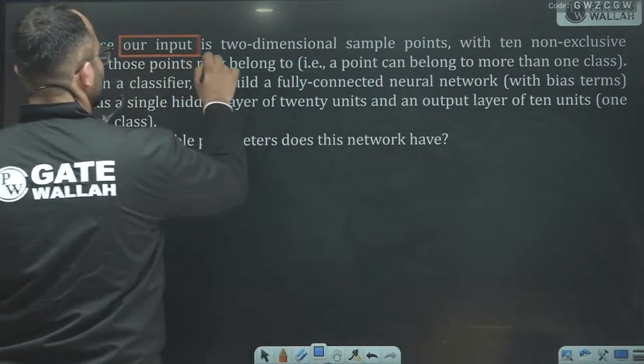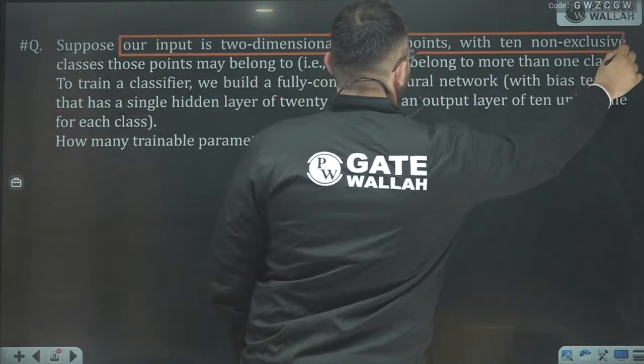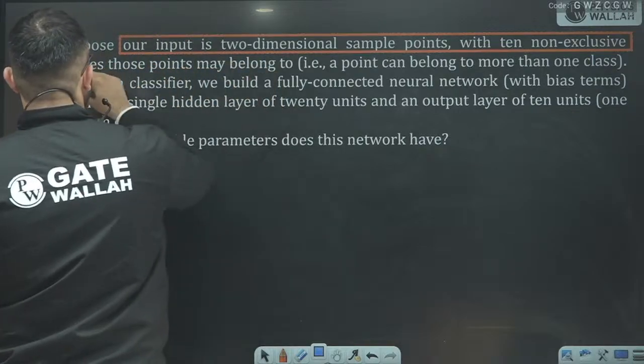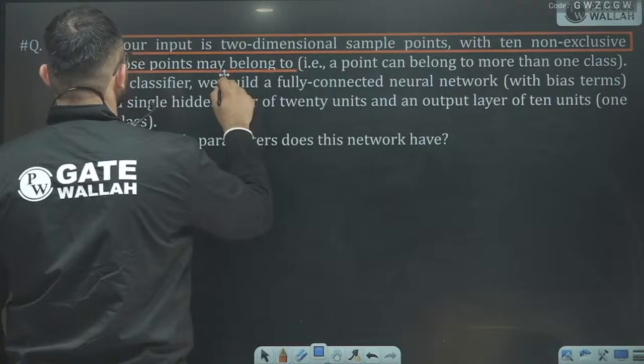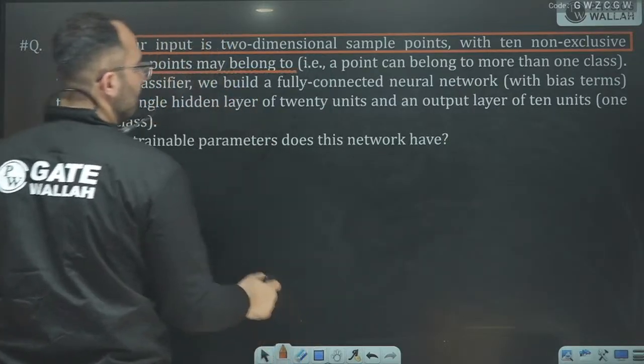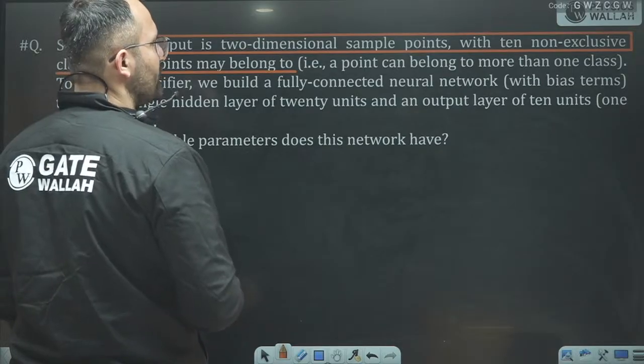Suppose our input is a two-dimensional sample point with 10 non-exclusive classes that the points may belong to. So we have 10 classes. Non-exclusive means a point can belong to more than one class.